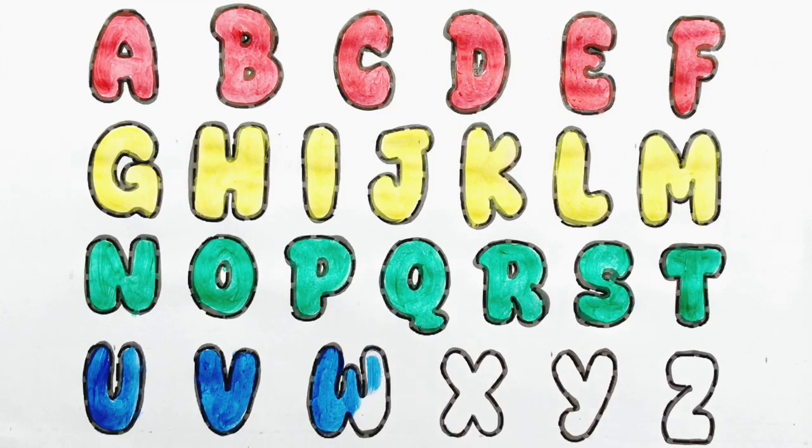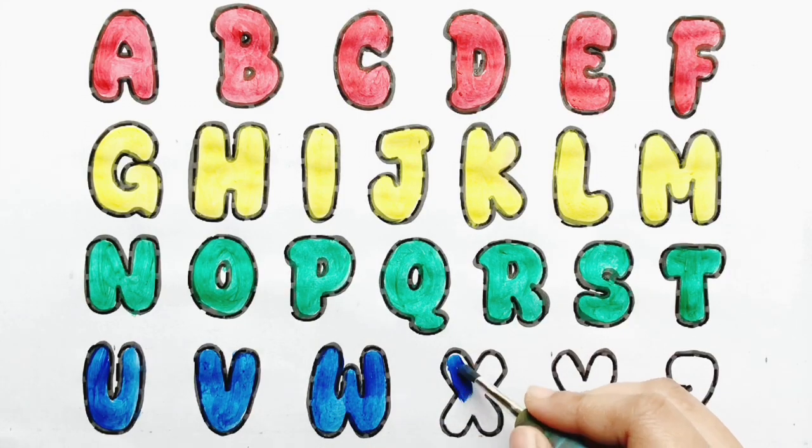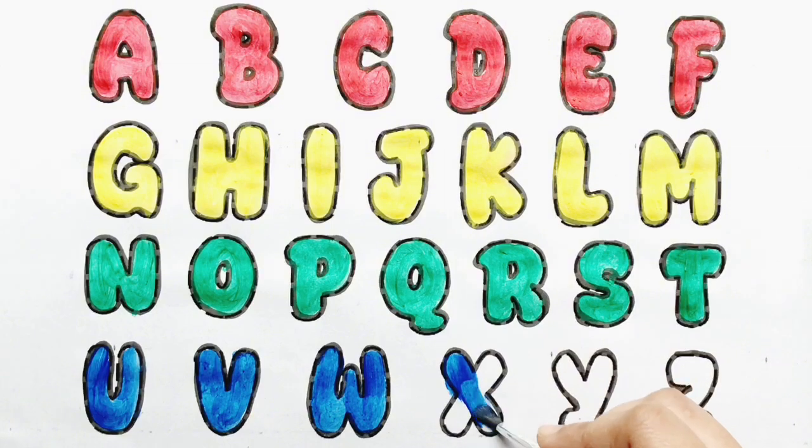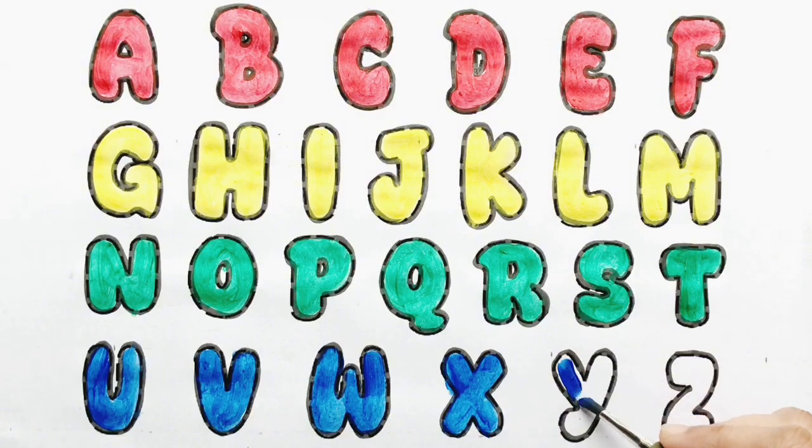Alligator, ant, amazing art, apple. X for Xmas tree. Animal, answer, April, autumn, ambulance, airplane, arrow, alligator, ant, amazing art.